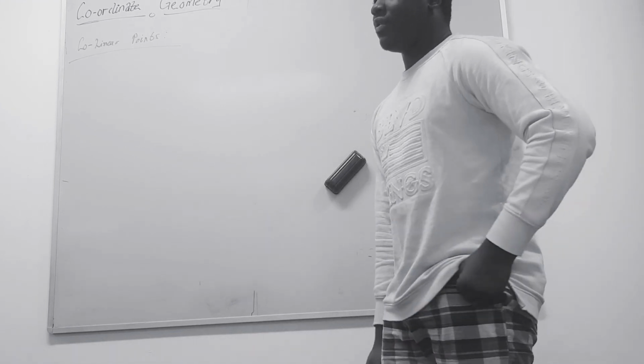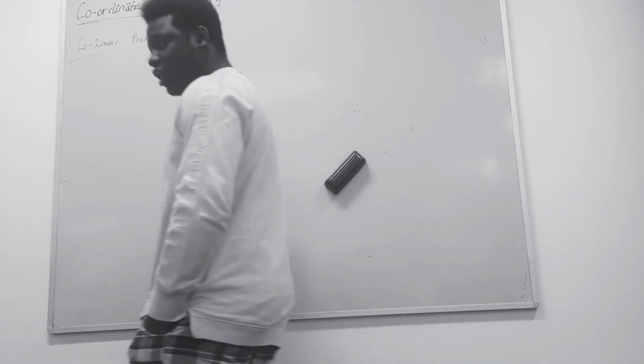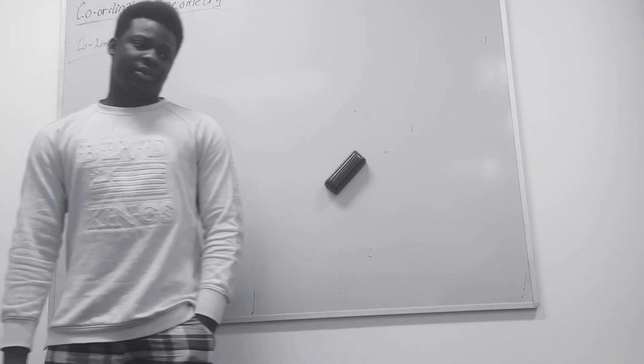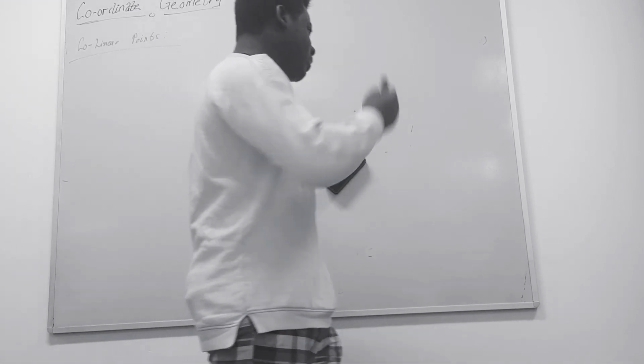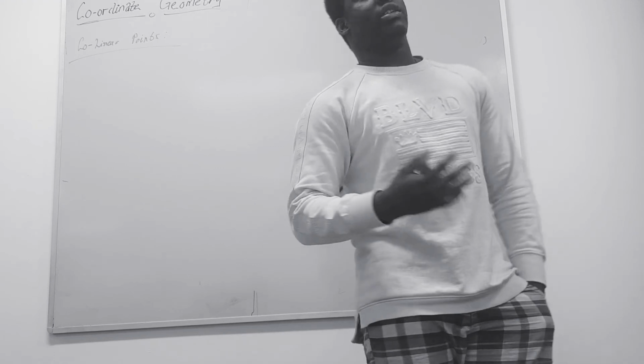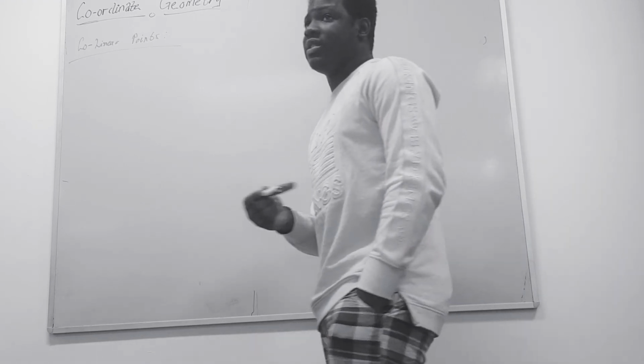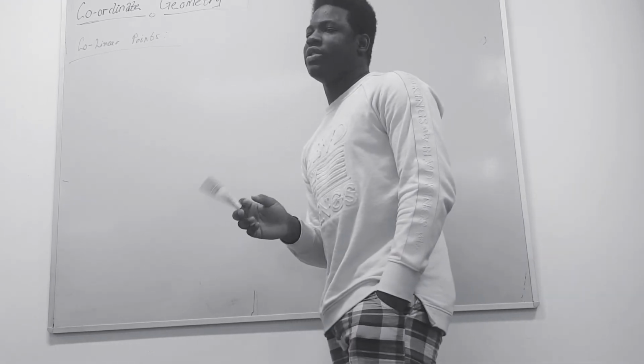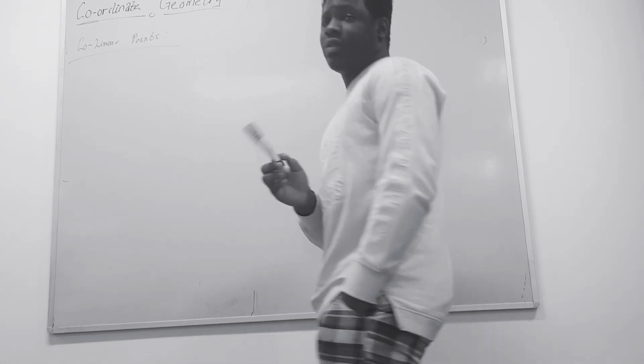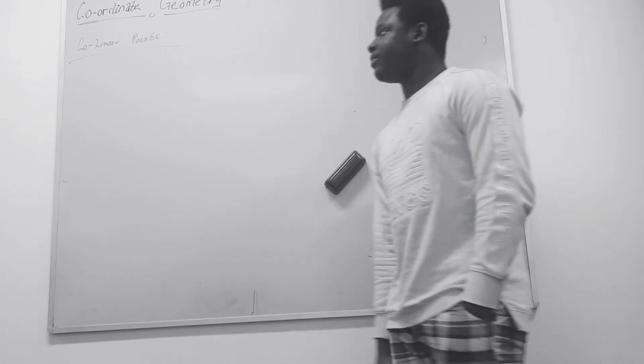So you start thinking of things that are common to both things. So when I say collinear points, it means points that are on the same line, just straight to the point. So yeah, collinearity of points.